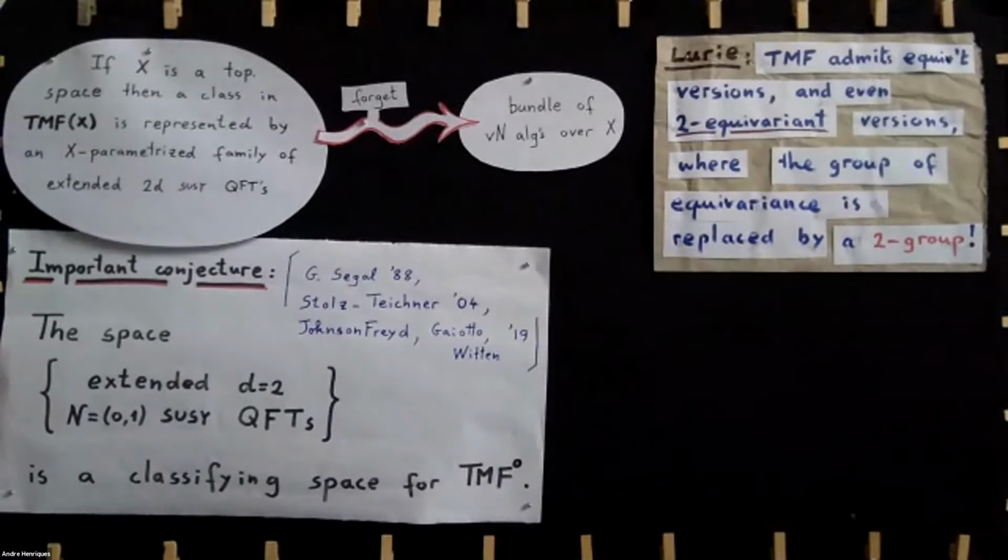And if you remember at the beginning of my talk, I told you that there are certain types of fusion categories which correspond to two groups, namely these fusion categories where everything is invertible.